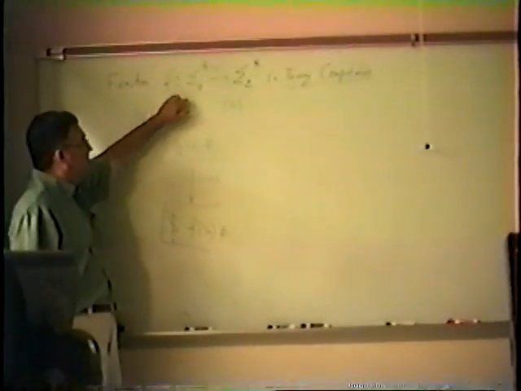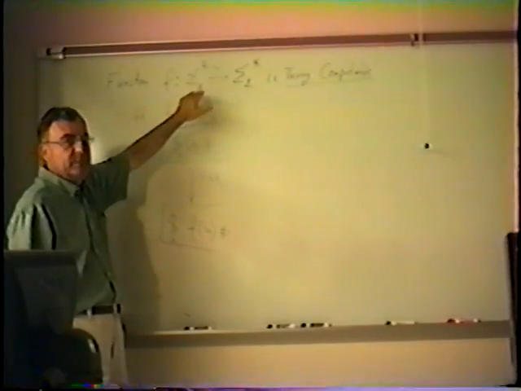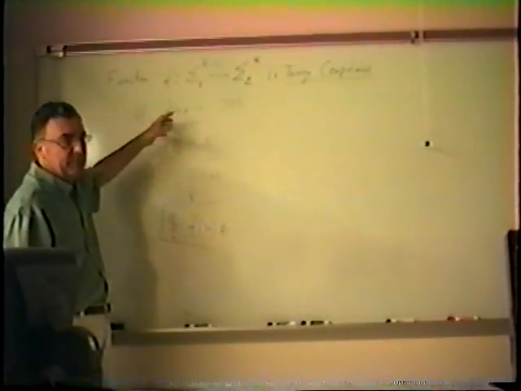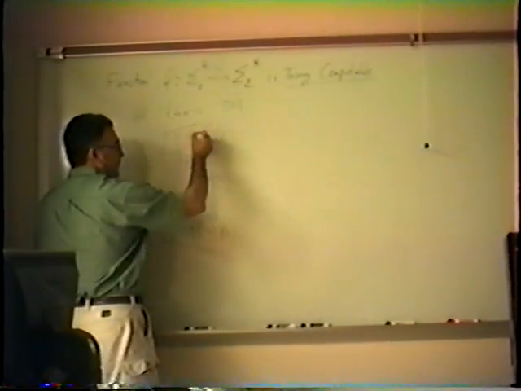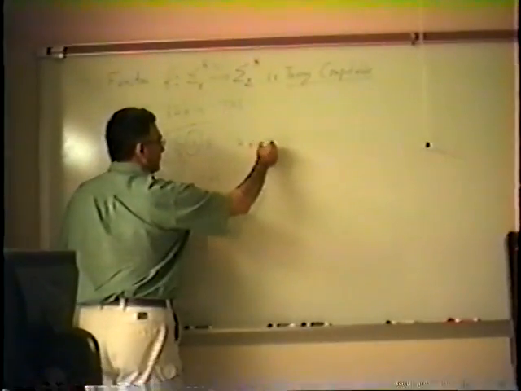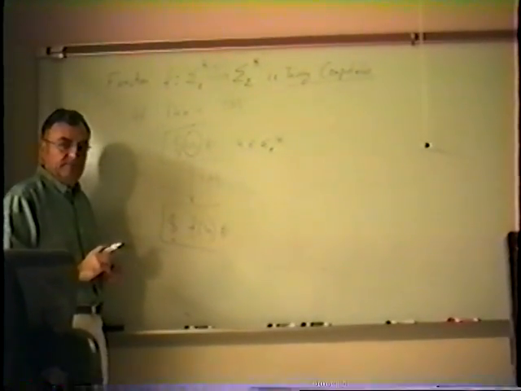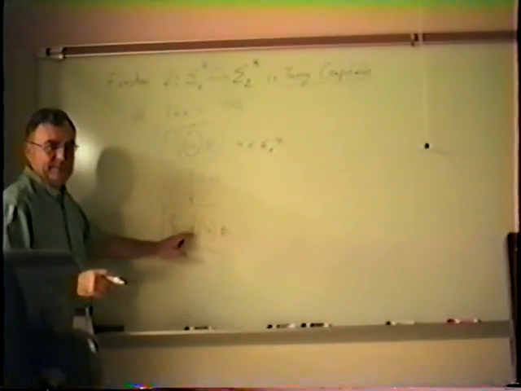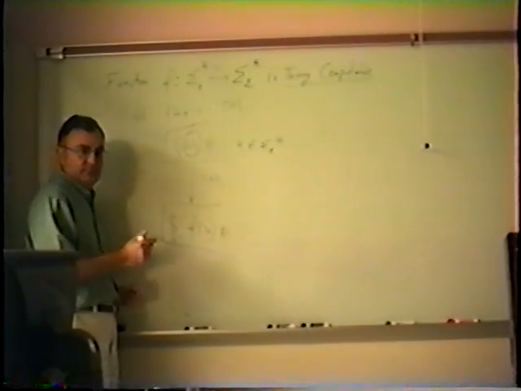Suppose you have a function from some alphabet sigma 1 star to sigma 2 star, some other alphabet's star. We say it's Turing computable if you can build a Turing machine that works as follows. If you start the tape with a string in the first alphabet, when the Turing machine is done, what's left on the tape is the image of that string under the function f.